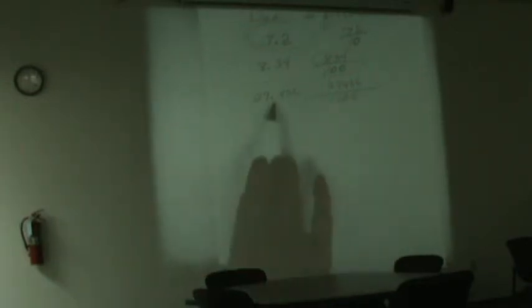Okay? Now let's go from a fraction to a decimal. Let's take the number 4 tenths. Write it down. You need it to be in this place value.